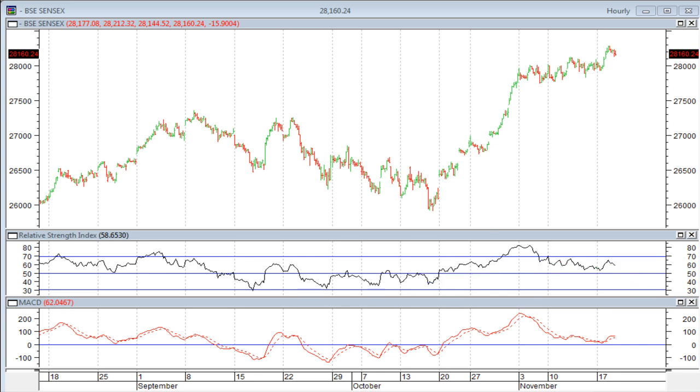That could be a problem. So let me draw that again. Declining since about the 10th of November, we've been making lower lows on the RSI and making higher highs in price. I think that is setting up for a market that could go lower, in my opinion. So that's what I would watch for.